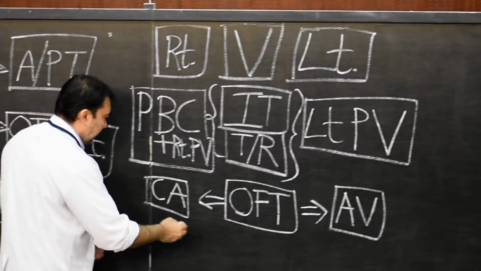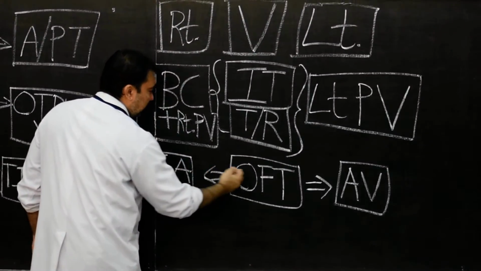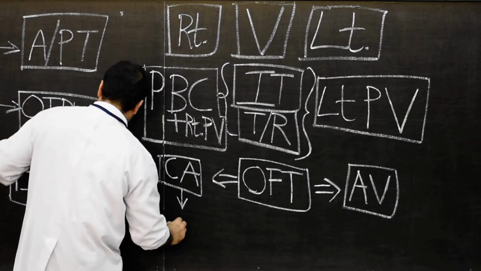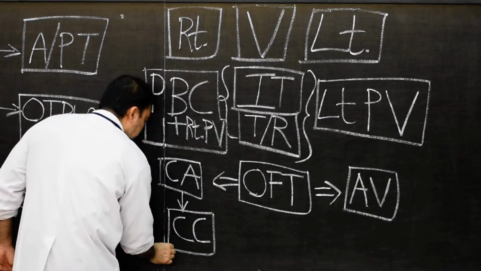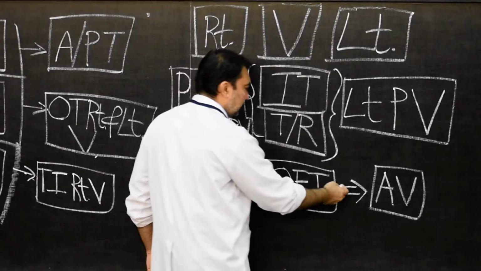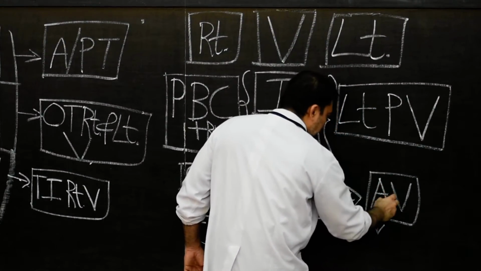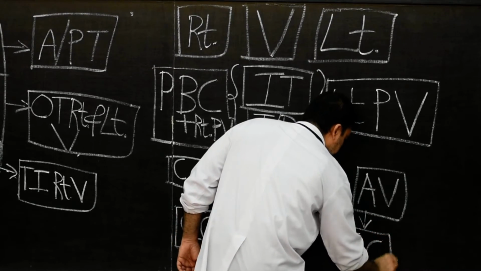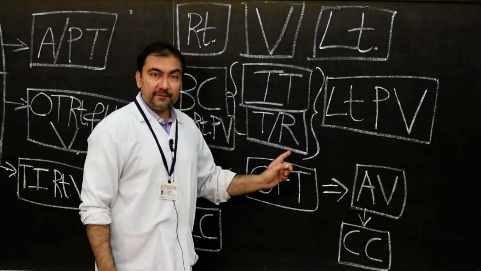So here we can write, conus arteriosus of the right ventricle, which is the outflow tract, will develop from the conus cordis. And what is conus cordis? It is the middle portion of the bulbous cordis. Similarly, the outflow tract of the left ventricle, which is known as aortic vestibule, will again develop from conus cordis. Here we complete the development.